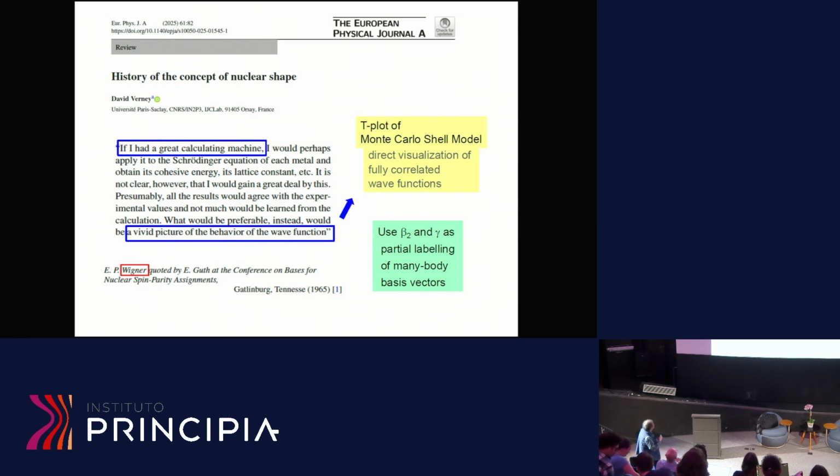So he requested to produce a vivid picture of the behavior of the wave function. And our Monte Carlo shell model has this kind of function indeed. This Monte Carlo shell model can give you direct visualization of fully correlated wave functions. That is called the T-plot. Let me explain it first.